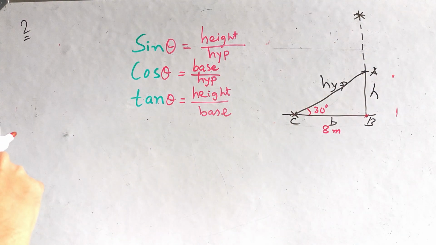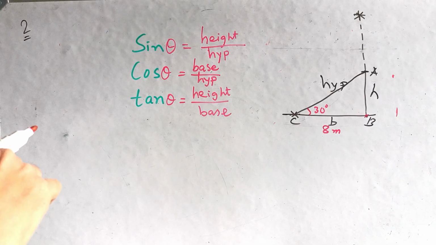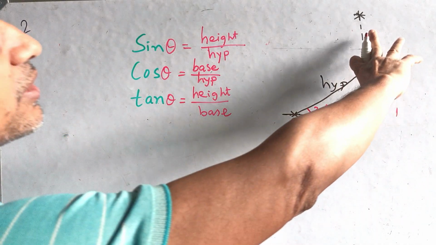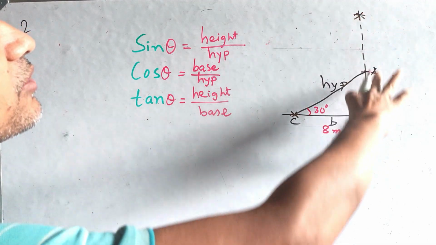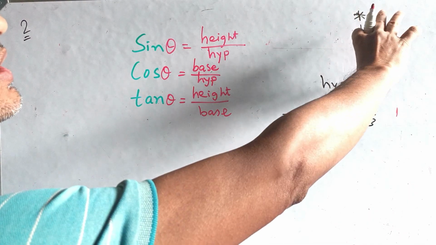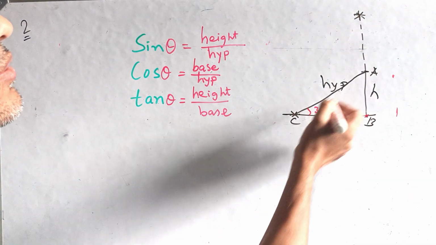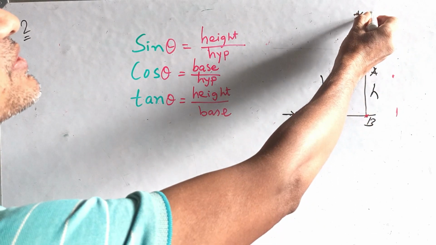Now you have to see what is asked: find the height of the tree. Don't think this is the height of the tree. The height of the tree was from here to here, correct? So this AC, what you see as AC here, this top is also AC, correct?